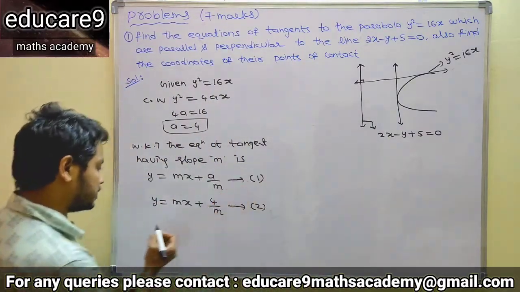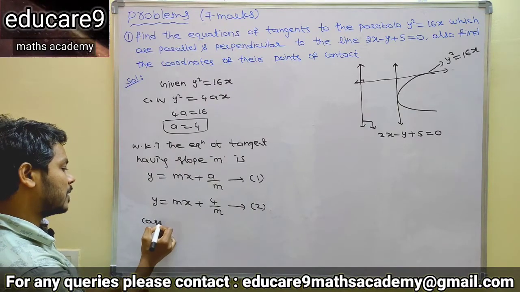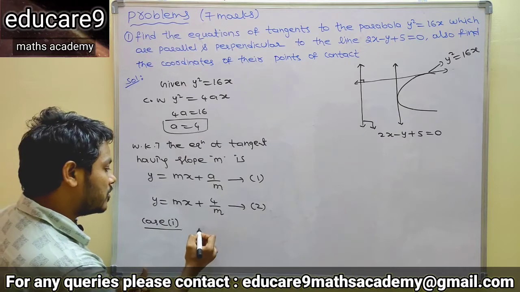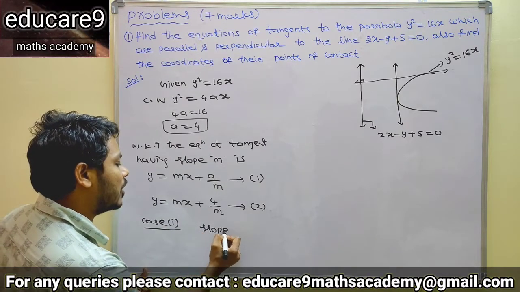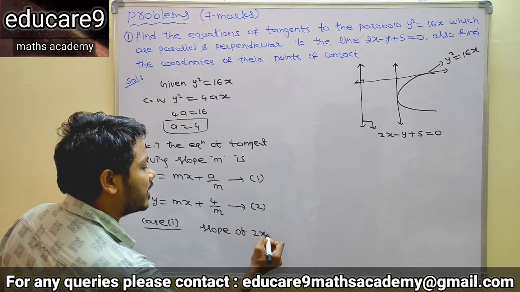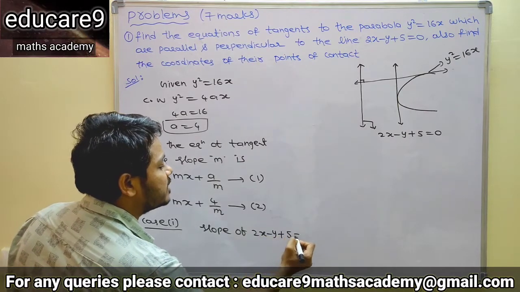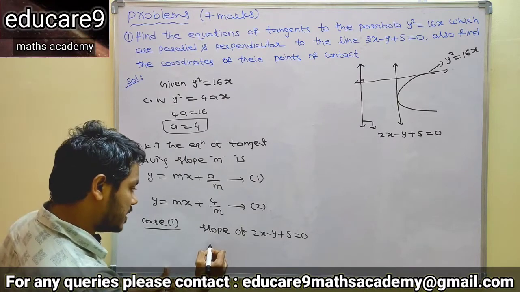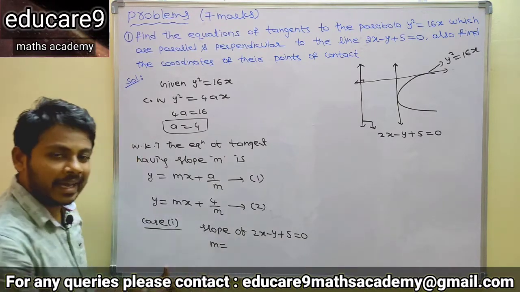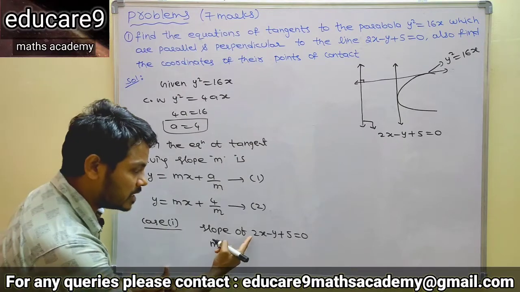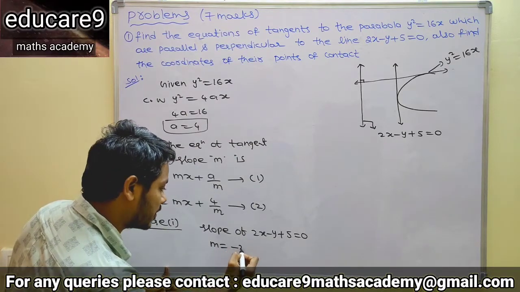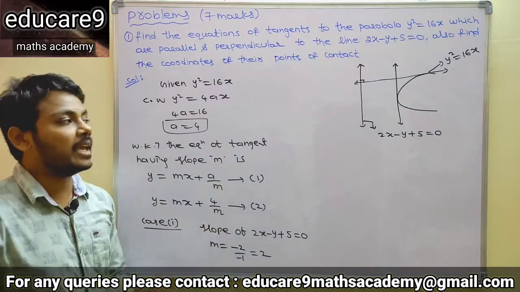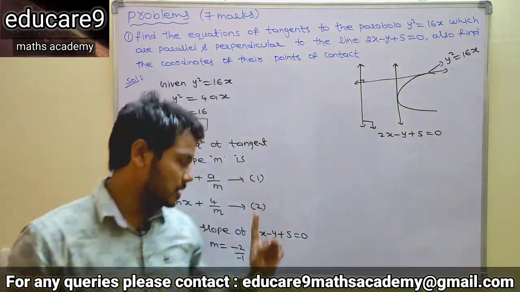See our first condition. Slope of the line 2x minus y plus 5 equals 0 is m equals minus a by b, that is minus 2 by minus 1. You will get 2. So the slope of the given line is 2.